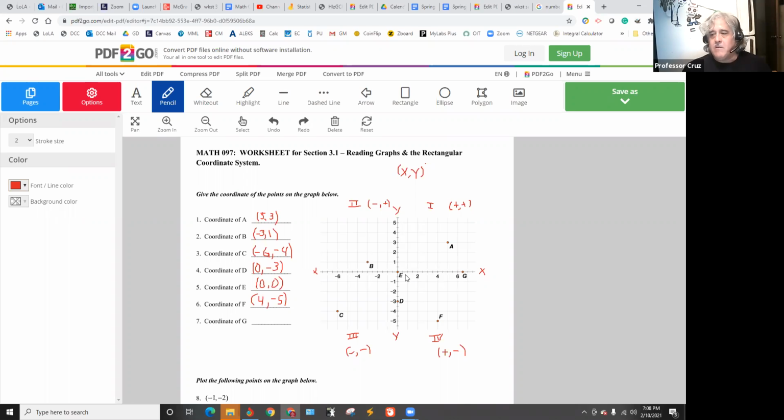And then G is only on the x-axis as the only movement. It looks to be, that's actually 6.5. I'll just put 6.5 there, and then it's 0 on the y.